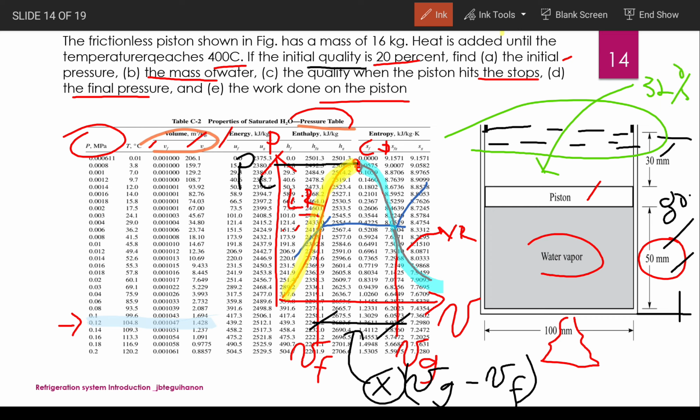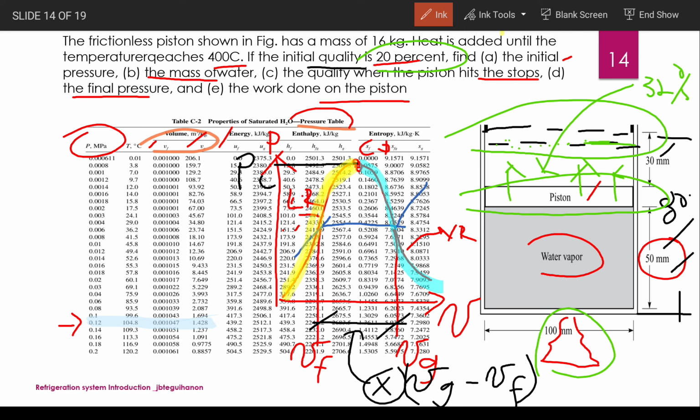Quality, initially it's just 20% in here, but as you add heat here, this piston moves up because of the pressure exerted by the water vapor up to this point.